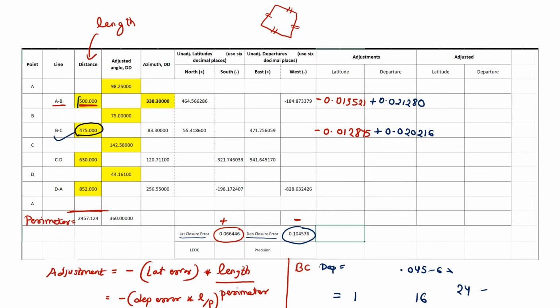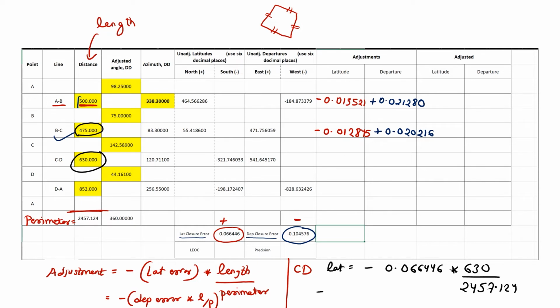So let's try to find the adjustment for CD. So for the line CD, for the latitude, negative of lat error, right? So 0.066446 times, what is the length of CD? It's 630, divided by perimeter, 2457.124. I could have solved this in Excel, but I'm just trying to show you guys how to do this.